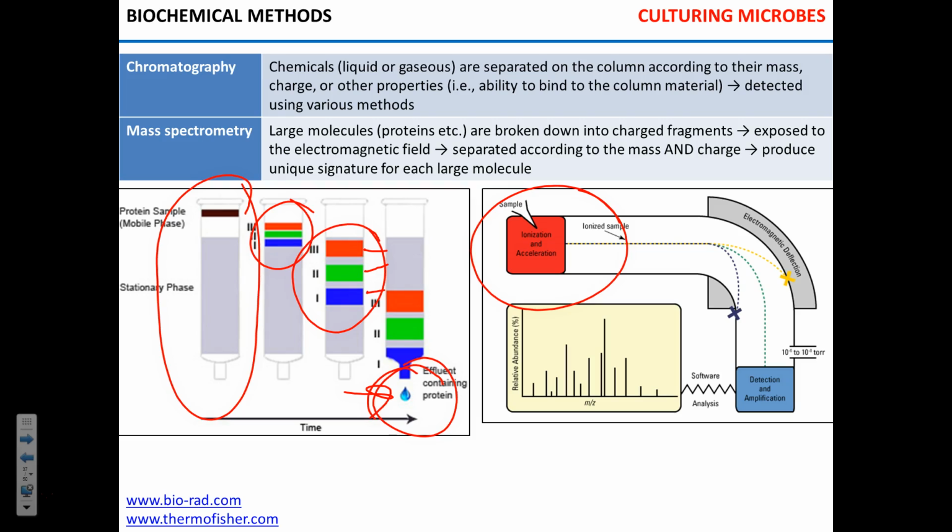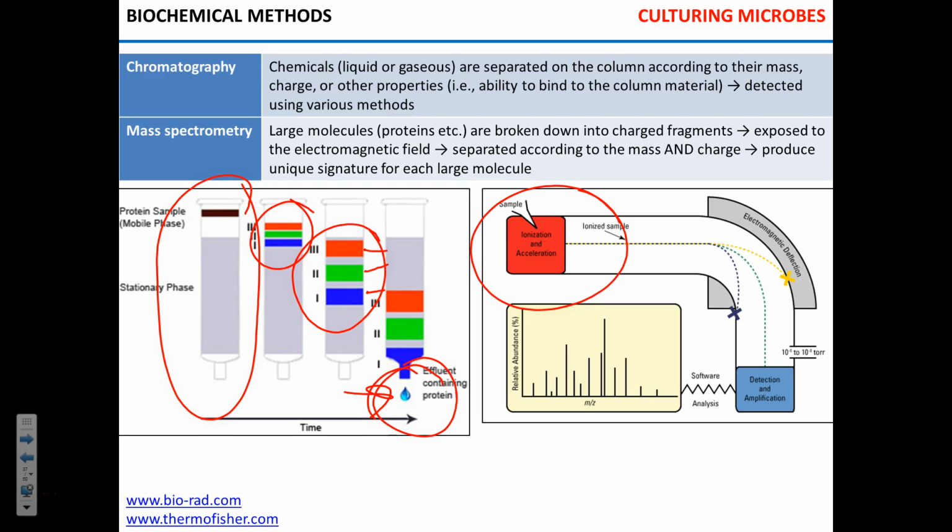And if you put those flying pieces between two magnets, depending on charge, their trajectory is going to get curved. And depending on charge, it's going to get curved to a different extent. Does that make sense? So you separate pieces by mass and by charge.